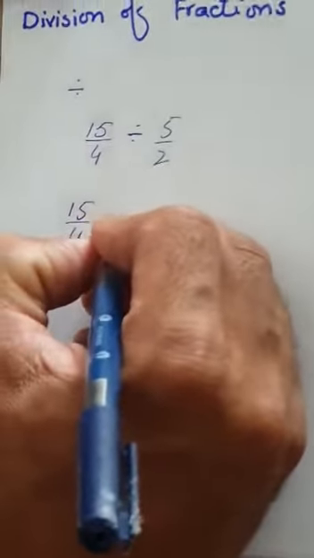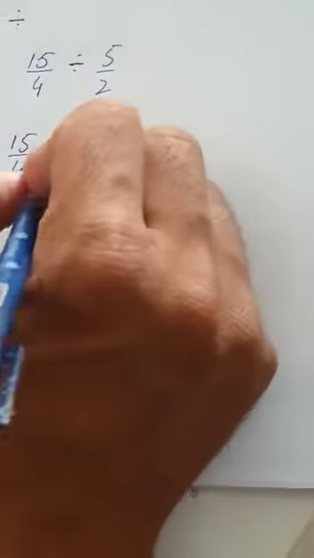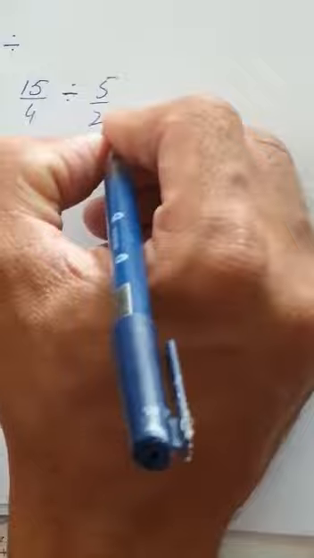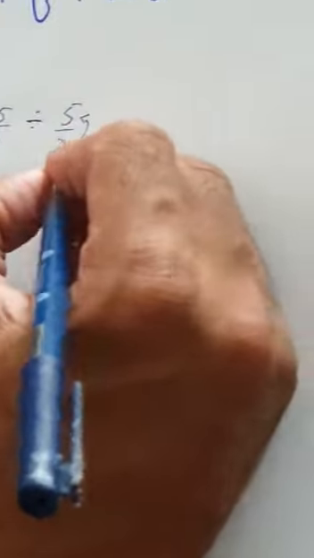We want to solve it. So first of all, we will convert this symbol of division into multiplication. 15/4, so I have converted it into multiplication. When you have replaced the symbol of division by the symbol of multiplication, you will have to reciprocate this fraction. You have to change the position of denominator and numerator.